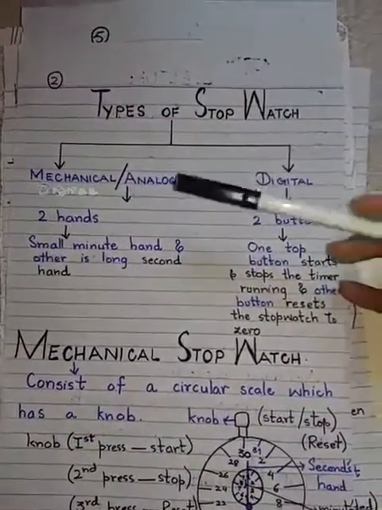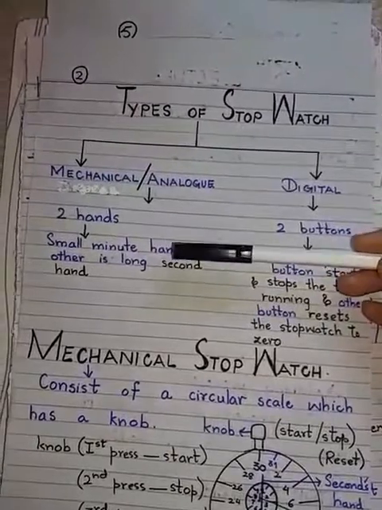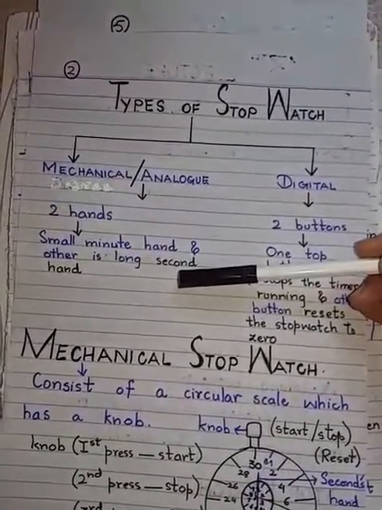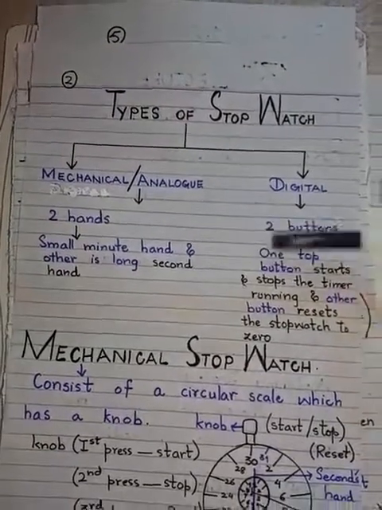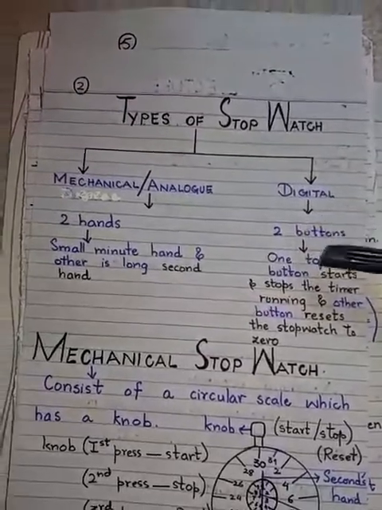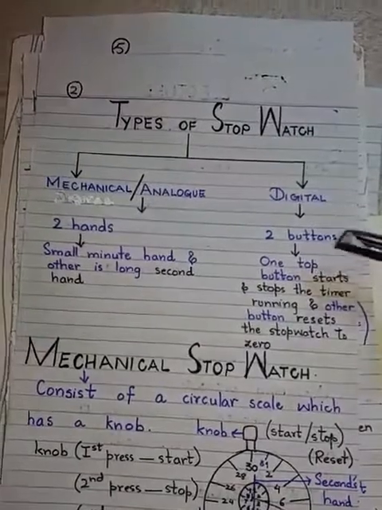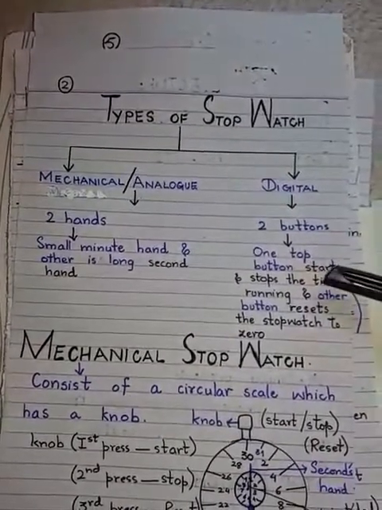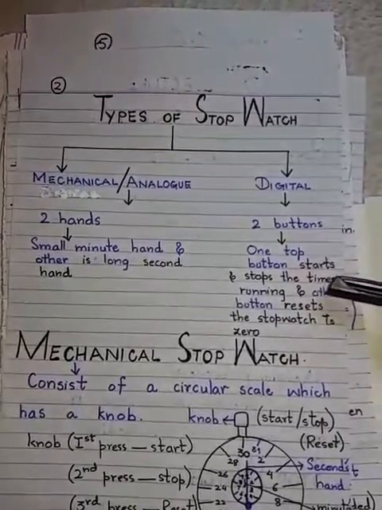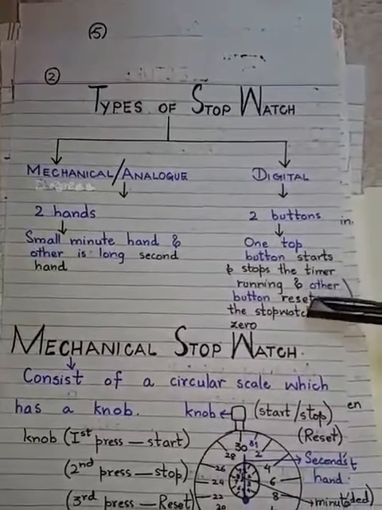A mechanical stopwatch consists of two hands, a small minute hand and a long second hand. A digital stopwatch consists of two buttons. The top button is used to start and stop the timer, and the second button is used to reset the stopwatch.